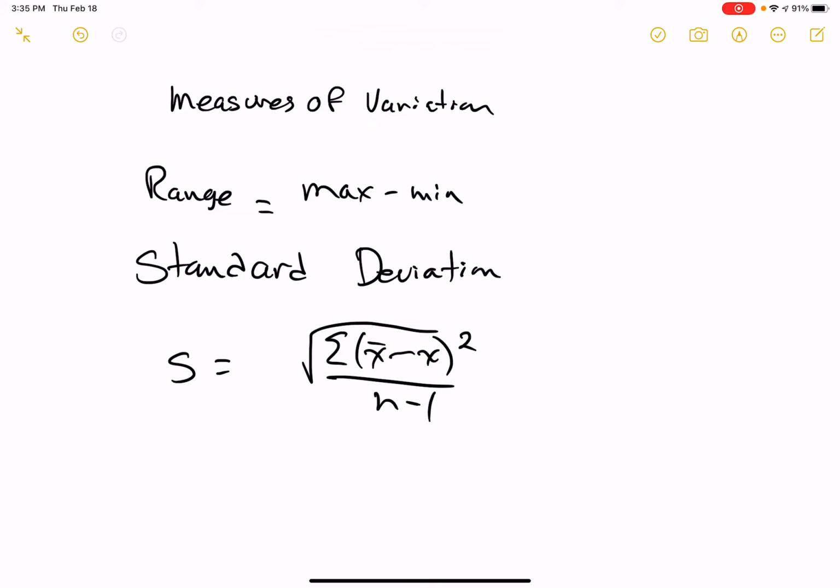And then we take the square root of the whole thing. Whenever you square something and take the square root of something, in mathematics it's kind of like using the absolute value. So really what we're doing here is we're taking the absolute value, or the sum of the absolute value of the differences between the mean and the value. And the square root kind of does the absolute value thing.